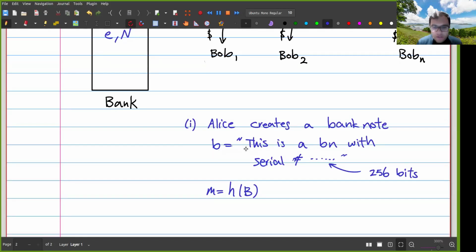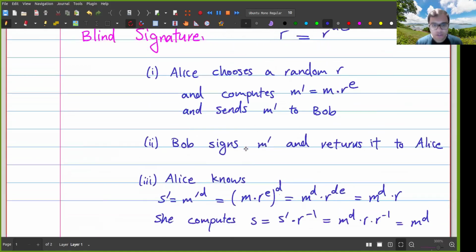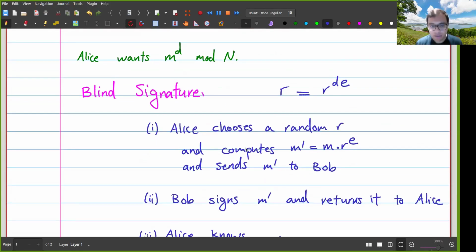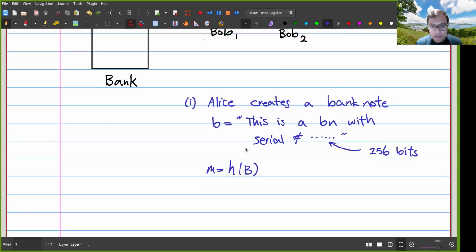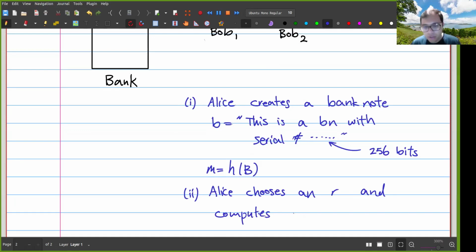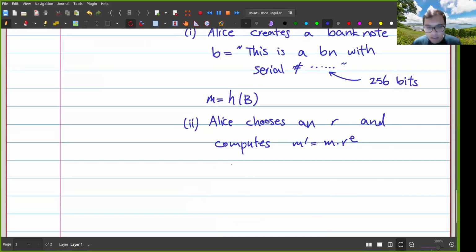Okay. So we are going to use just the protocol that we've seen here, blind signatures. So in step 2, Alice chooses a random R and computes M prime, which, remember, was just M times R to the power of E, and sends it to the bank.